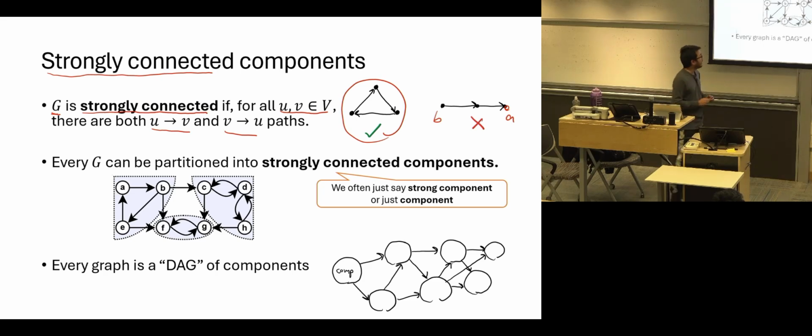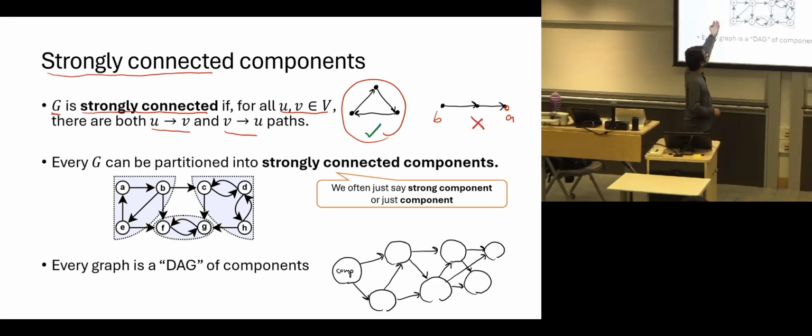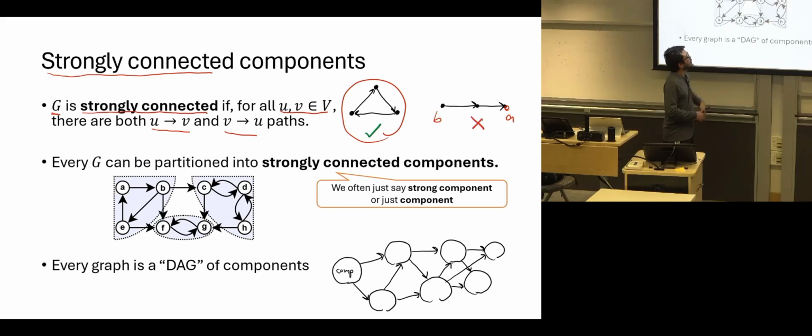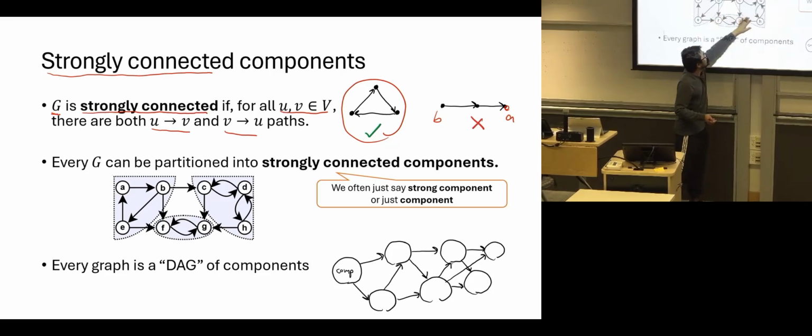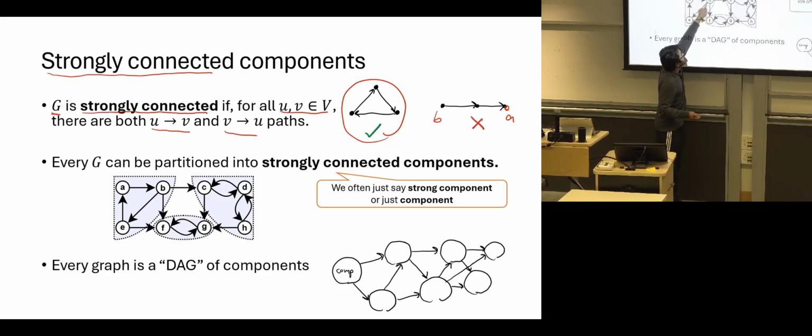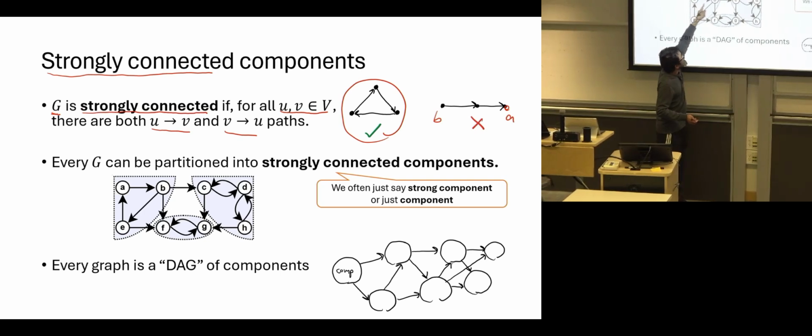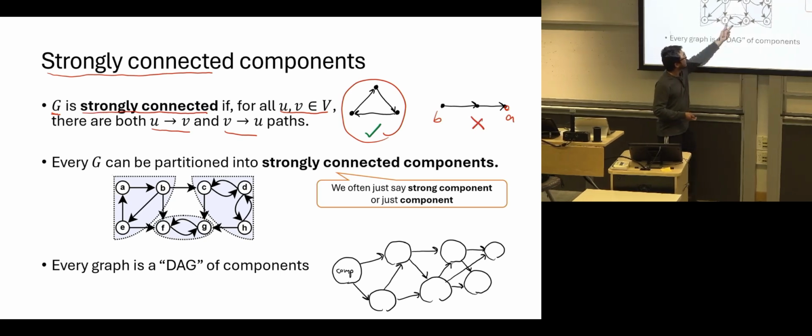We also know that every graph can be partitioned into strongly connected components, which are parts where every pair within a part is strongly connected, as in there are paths so that they can all reach each other back and forth. They have round trip paths. This two and this two.